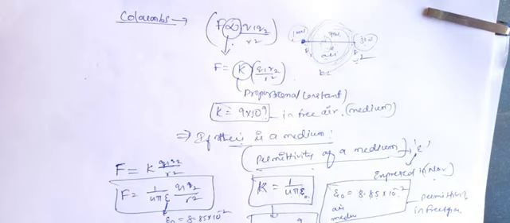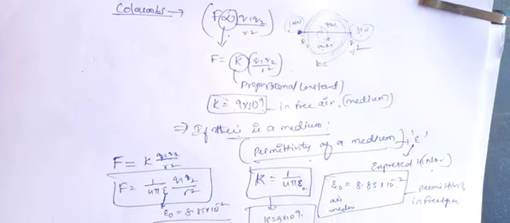To remove the proportionality, we use a constant, k. If the medium between the two charges is free space, epsilon naught is 8.85 into 10 power minus 12. If we use another medium, the permittivity depends on that medium, so we write the formula as F is equal to 1 by 4 pi epsilon q1 q2 by r squared. This is about Coulomb's law.